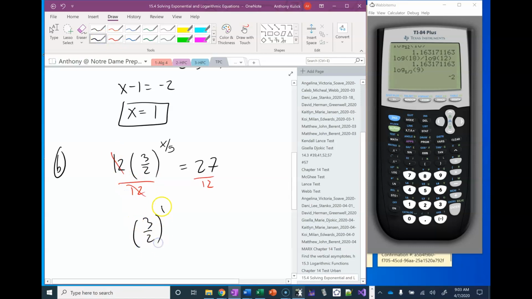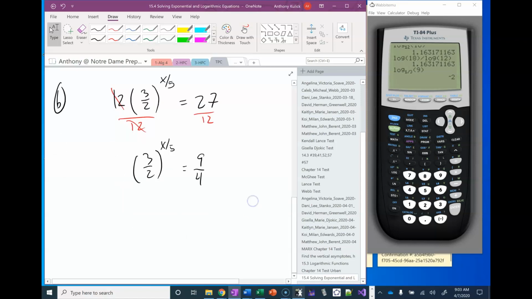That's going to leave us with 3/2 to the x over 5. And if I divide 27 by 12 and reduce that fraction, I get 9/4. And again, we could do some tricky things and try to rewrite these so that they have the same exponential base, but I'm just going to use a logarithm here.